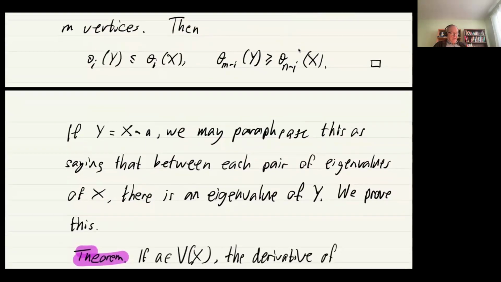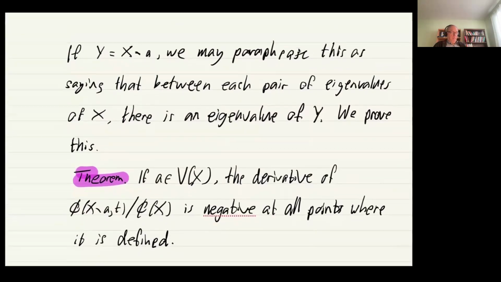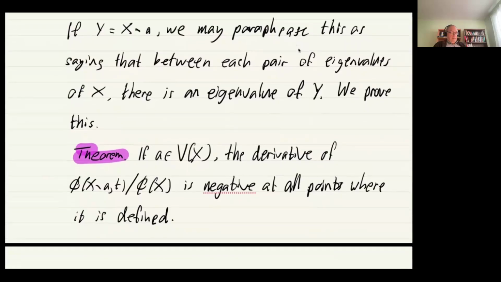And since I'm going to give a proof by picture, I want to work with the rational function φ(X minus A, t) over φ(X, t). I'm leaving out the t there, but let's not worry about that. And the result follows from the assertion that if you plot the graph of this function, the derivative is negative everywhere it's defined.